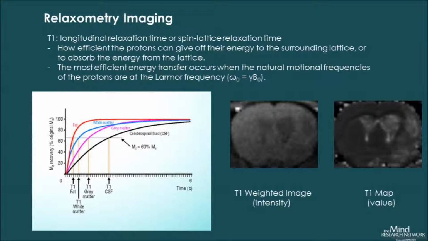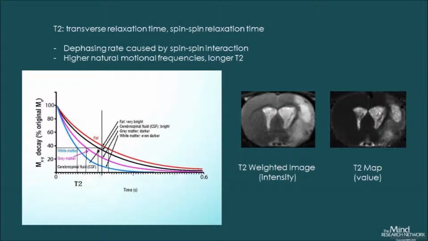And the lesion caused by the stroke is fluid-like, so it has similar intensity to the CSF, either on the T1 weighted image or the T1 map, which shows the absolute value of T1.